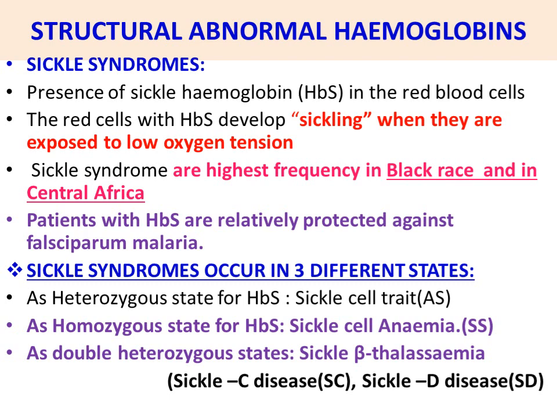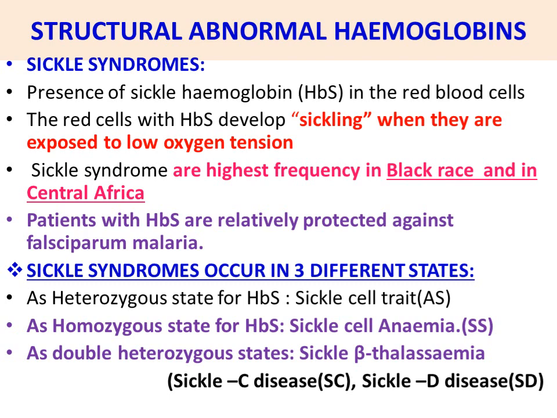Sickle syndrome has the highest frequency in the black race and in Central Africa, as well as in America. Patients with sickle hemoglobin HBS are relatively protected against falciparum malaria.